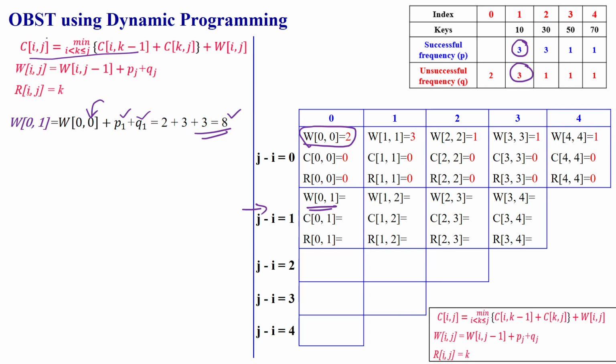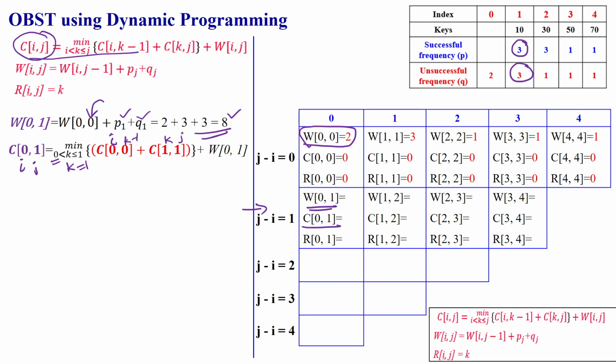Now you have to calculate c of 0 comma 1. When you are substituting the values here, 0 less than k less than or equal to 1, so k has only a single value, 1. Then i is 0, j is 1. When you substitute the values, you get this value: c of 0 comma 0, previous values; c of 1 comma 1, we got in the previous step; w of 0 comma 1, we calculated in the previous step.